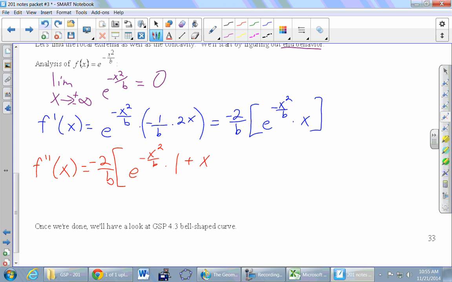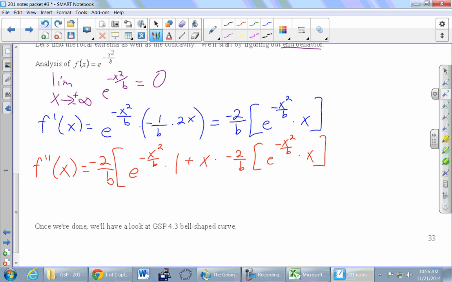Second is just x. Derivative of e to the negative x squared over b is a problem that we've done already, right? That was your first derivative. So I think I can just copy anything up here in blue. It's the entire answer from blue. So I'll just put this thing that's in the brackets here: negative 2 over b, e to the minus x squared over b times x.